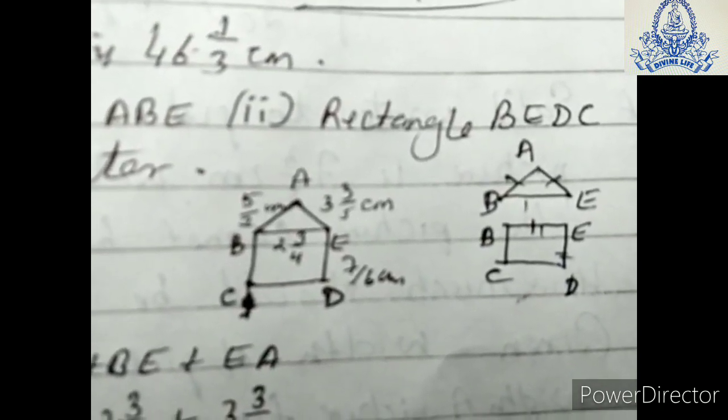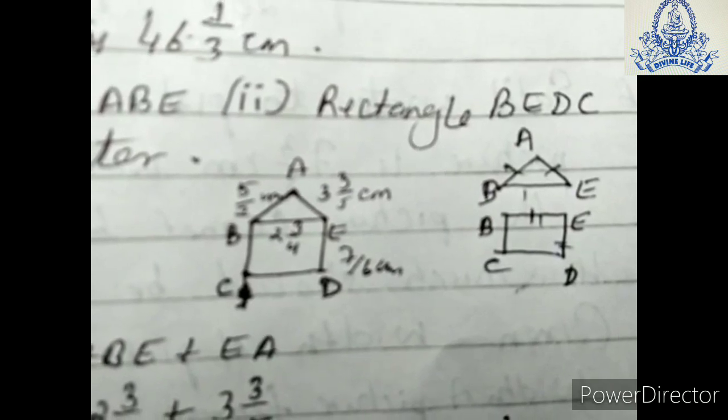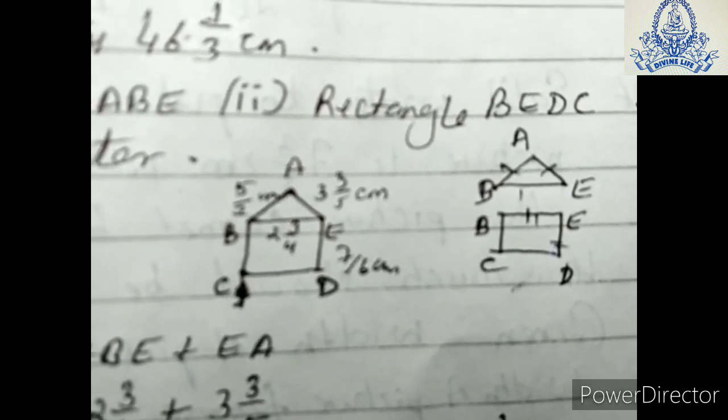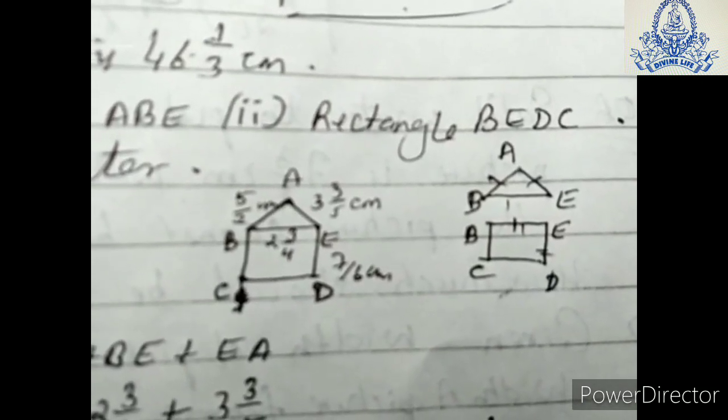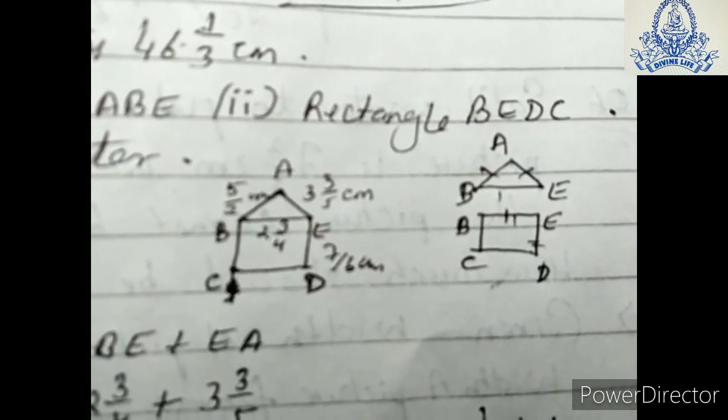AB is 5 upon 2, BE is 2 3 by 4, AE is 3 3 by 5, and 7 upon 6 is the breadth they have given.